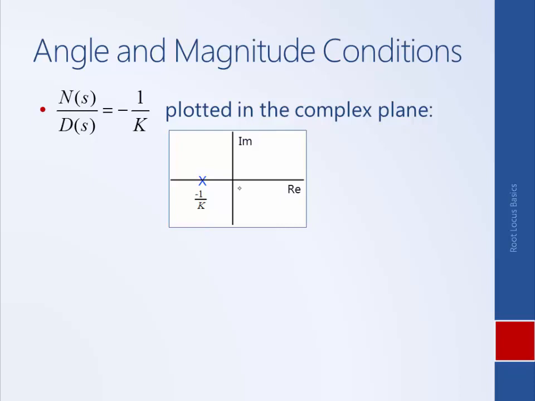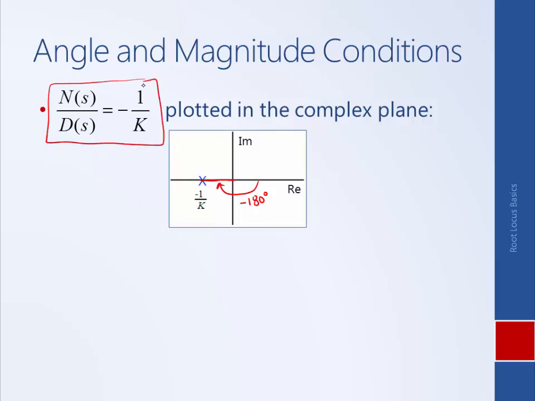So specifically, if we thought of this in polar coordinates, the angle of that complex number is equal to minus 180 degrees, where 0 degrees is in the positive x direction.